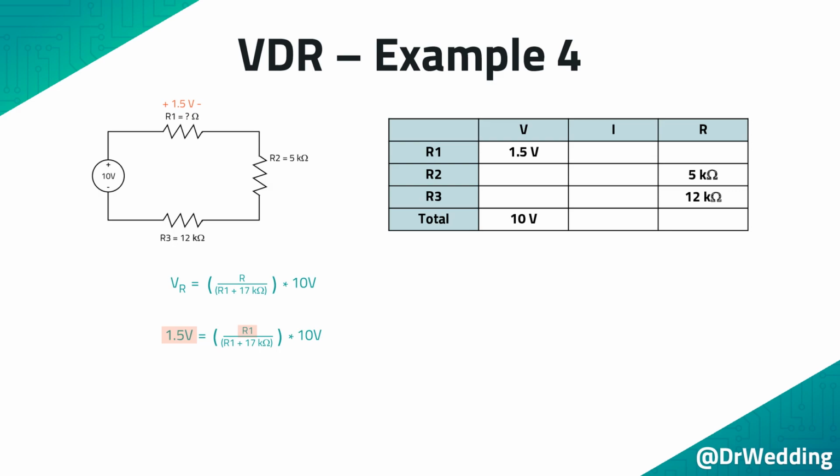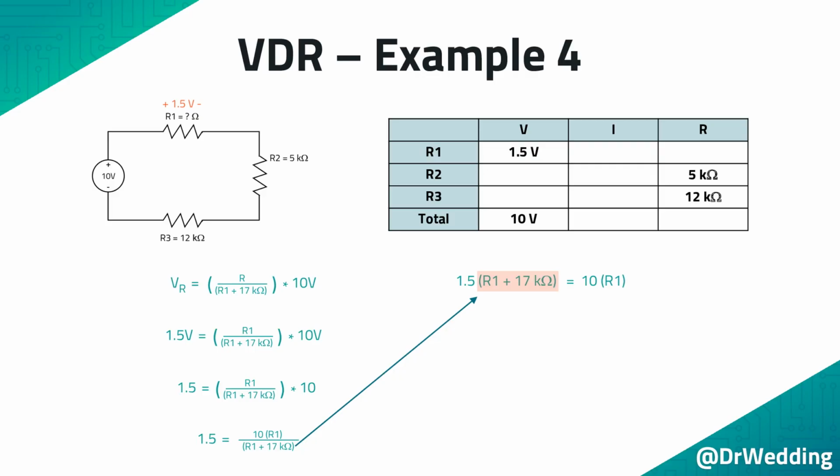The steps to isolating R1 are as follows. Divide both sides by volts. This will eliminate the voltage on both sides of the equation. Bring the 10 to the numerator on the right side of the equal sign. Cross multiply, so the 1.5 is multiplied by the quantity R1 plus 17 kilo ohms, and 10 R1 is multiplied by 1.